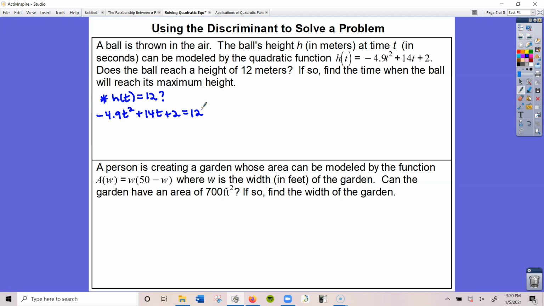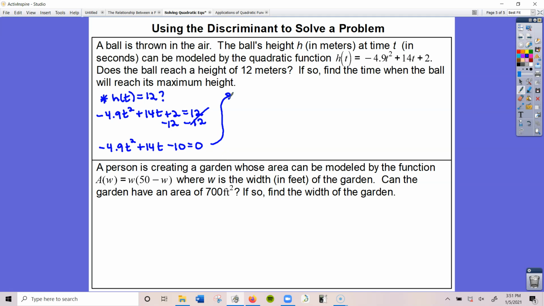In order to do so, this is just another quadratic equation. If I make it equal to 0, just like I do with all my quadratics, we end up with -4.9t squared plus 14t minus 10 equals 0. Like this, what I can do is use the discriminant.